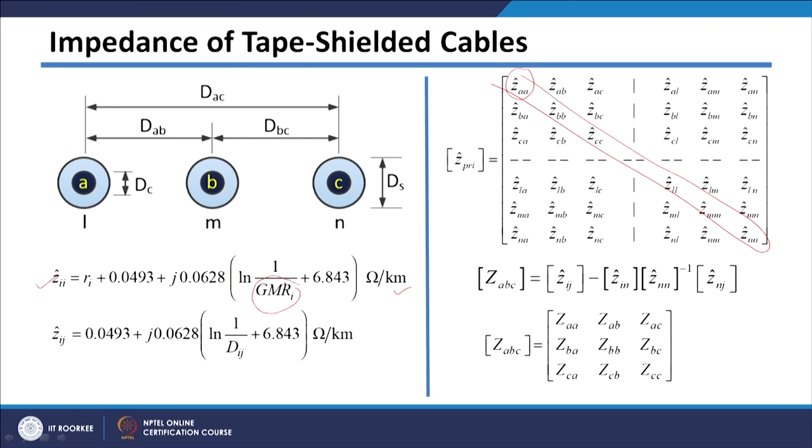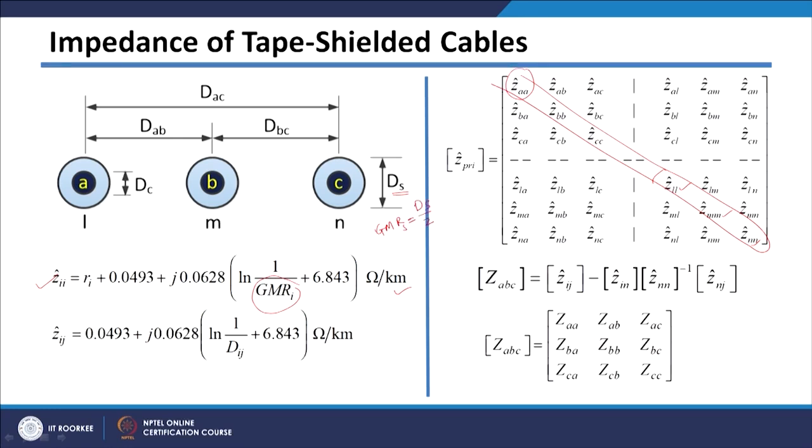Generally the same type of cable is used, so the GMR will be the same for the 3 conductors. The GMR of the shield is required to get the diagonal entries corresponding to the shields. These 3 diagonal entries correspond to the shields. The GMR of the shield is equal to ds by 2, half of the diameter of the shield.